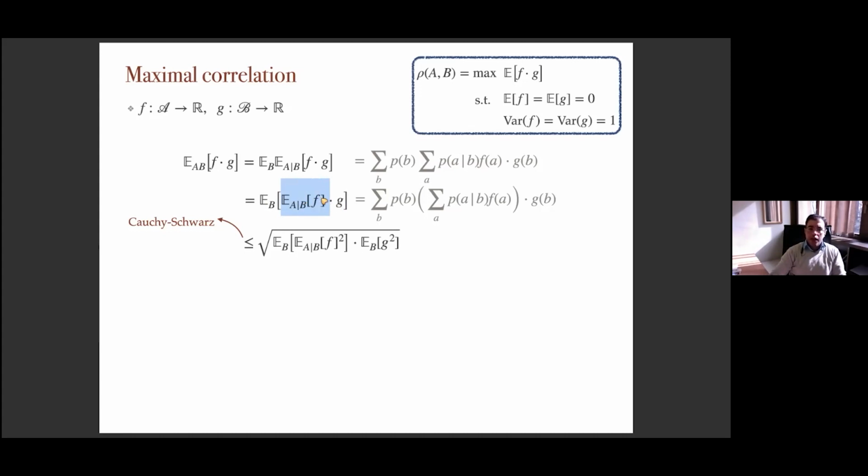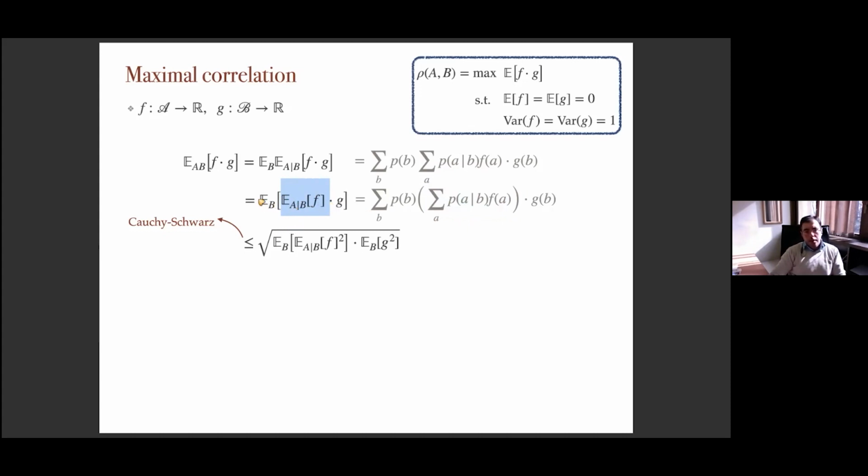And then this whole thing here would be a function of B, because B is like the argument of this function. If I fix B, I have this conditional distribution, then sum over A, I get some number which depends on B. So this guy here is a function of B. So I have two functions of B, I multiply them and then take the average. Now, again, I can apply this Cauchy-Schwarz inequality.